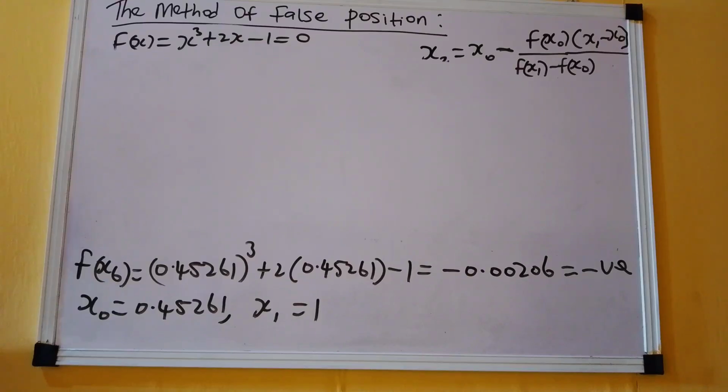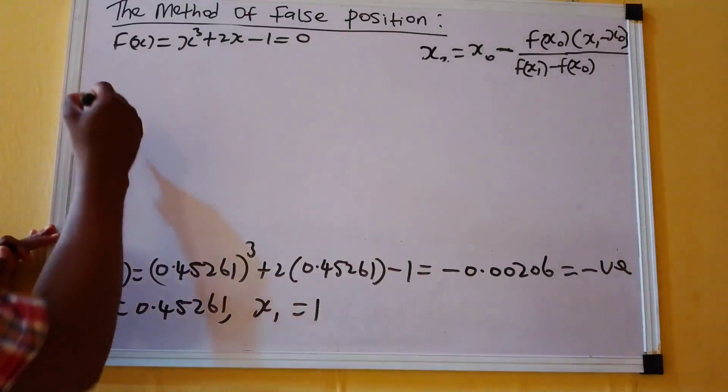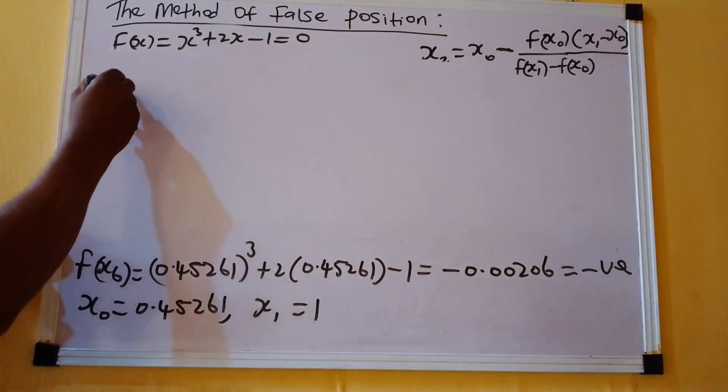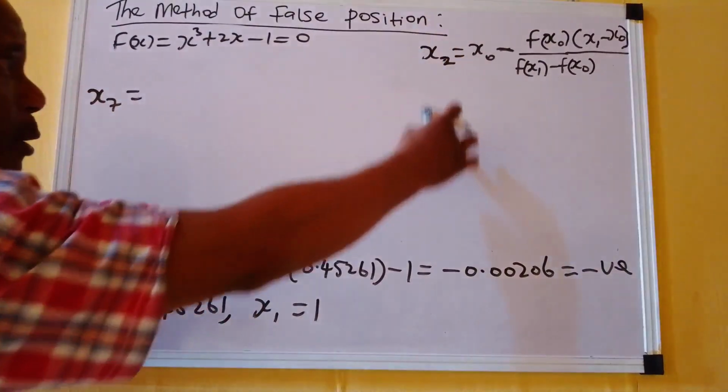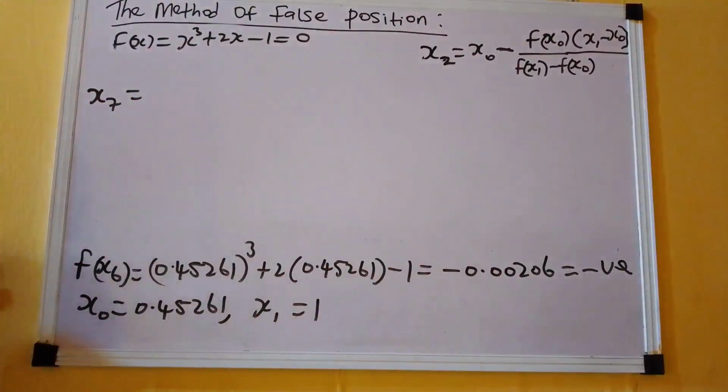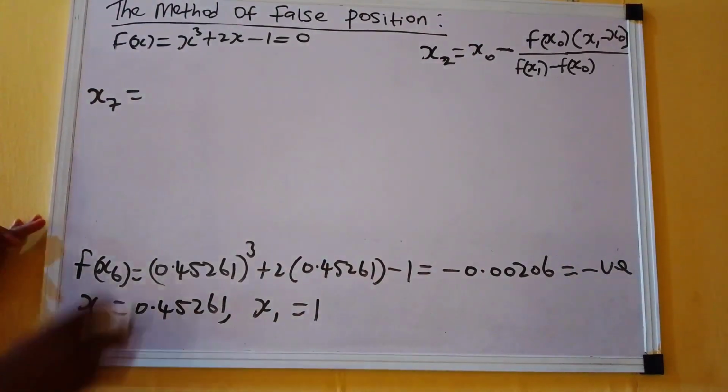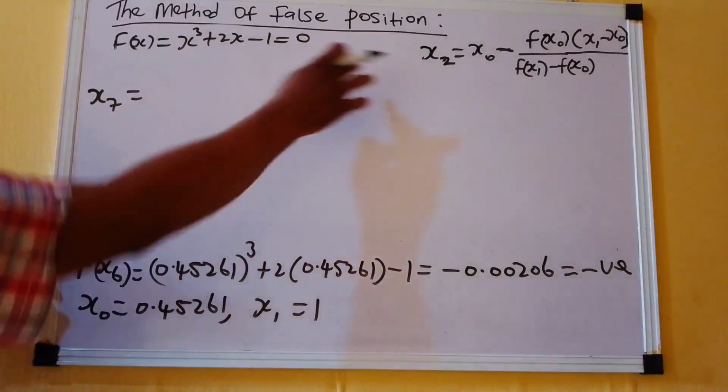So we want to take a step now to get our x7. I told you it's only this that will be increasing. The formula there remains unchanged. So our x7, what's our x0?